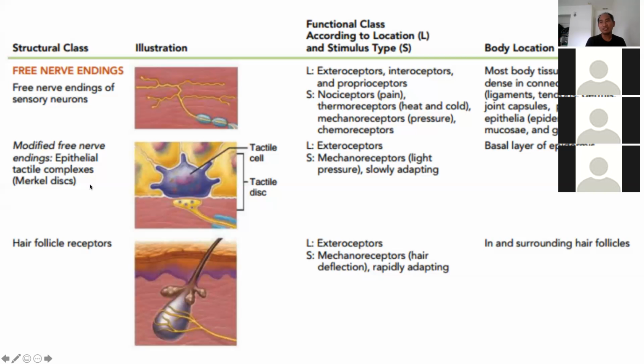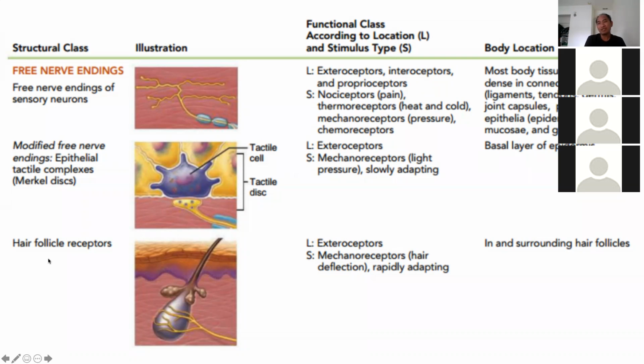And what about modified free nerve endings? It is a little bit simpler. It is in the basal layer of the epidermis, not as much as the free nerve endings. Of course, throughout every part of our skin, because we know when being touched, we will have the free nerve ending receptors.